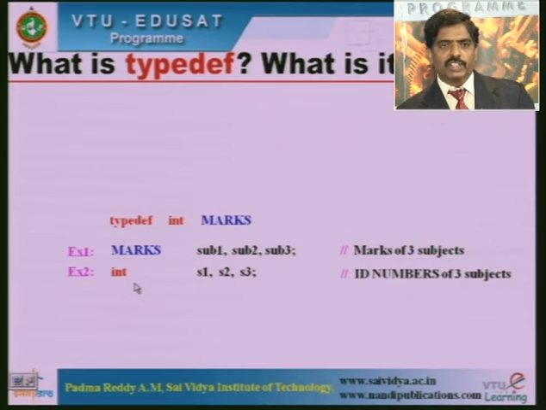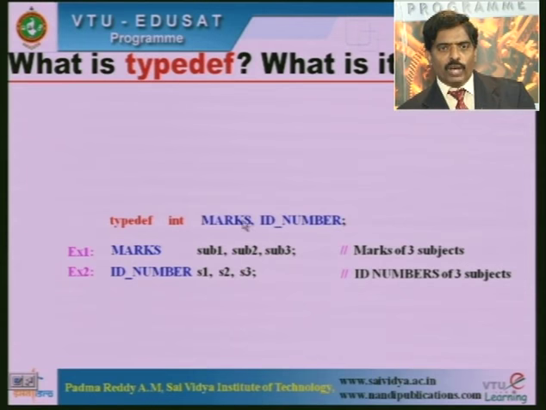But instead of that, if I replace this int keyword with ID number, by looking at this, we can clearly know that S1, S2 and S3, 3 variables contain ID number. Earlier we had int. That int should be replaced with ID number.